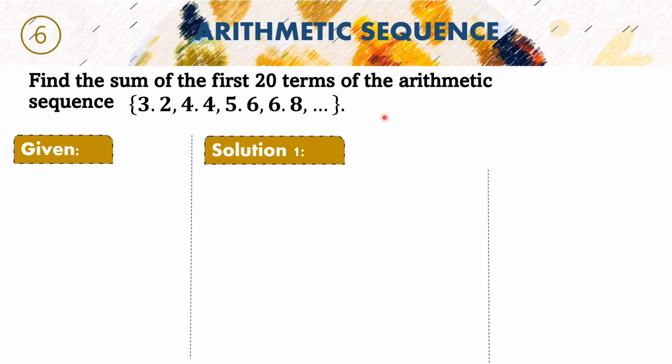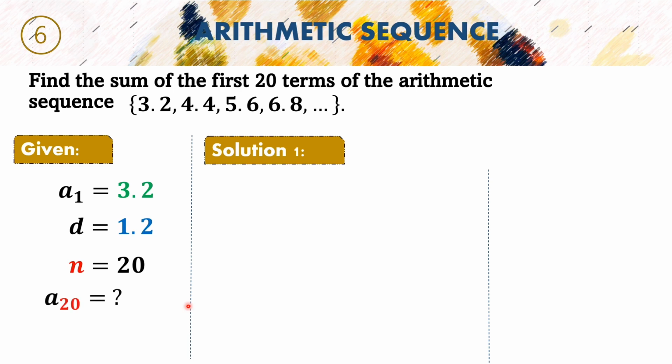Given are a sub 1 is 3.2, d is 1.2, n is 20 because we're going to look for the sum of the first 20 terms. However, we don't know the last term, which is a sub 20, and we're going to look for S sub 20.